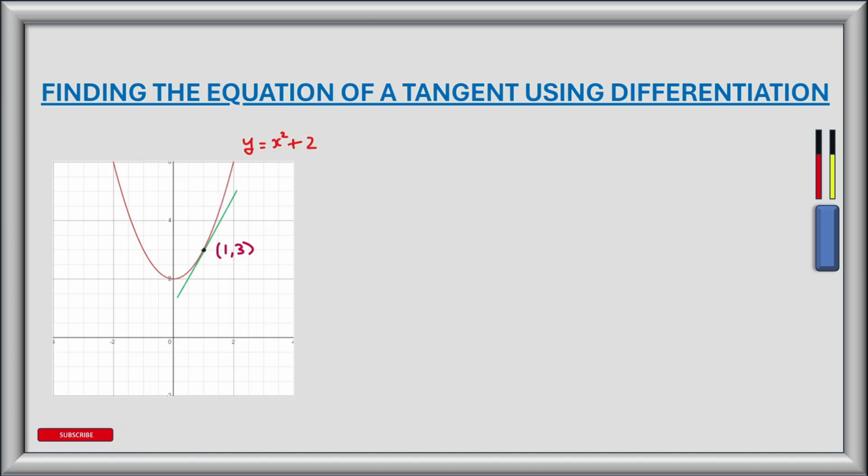We know that the equation of a line is given by the formula y equals mx plus constant c, where m is the gradient or slope of the line and c is a constant where the line cuts the y-axis at x equals 0. In an earlier video, I demonstrated how to calculate the gradient of a line using rise divided by run.